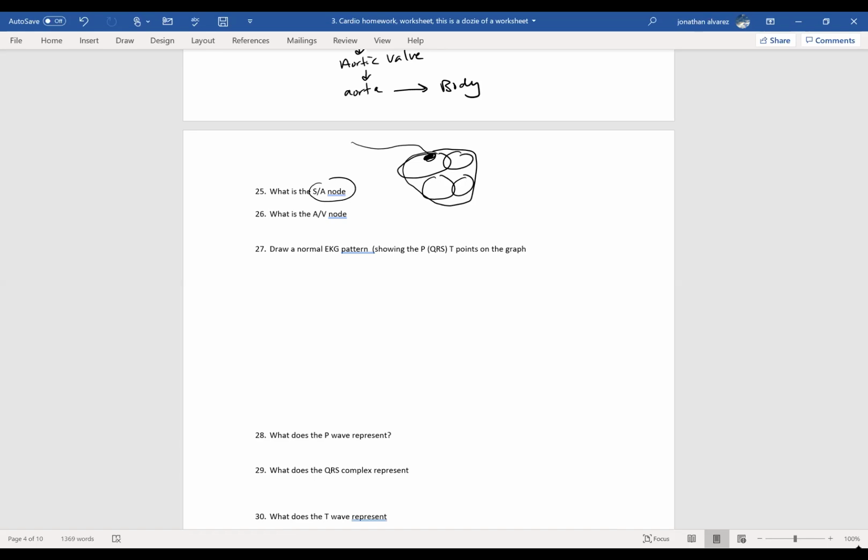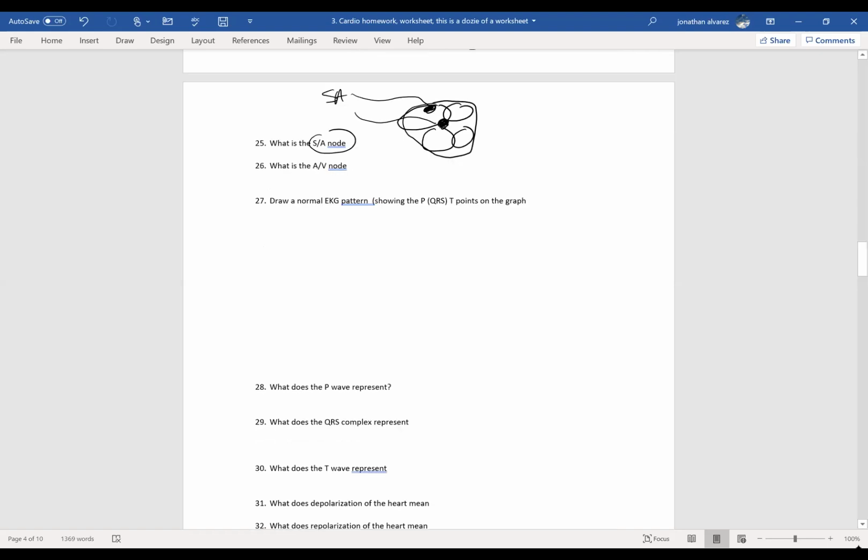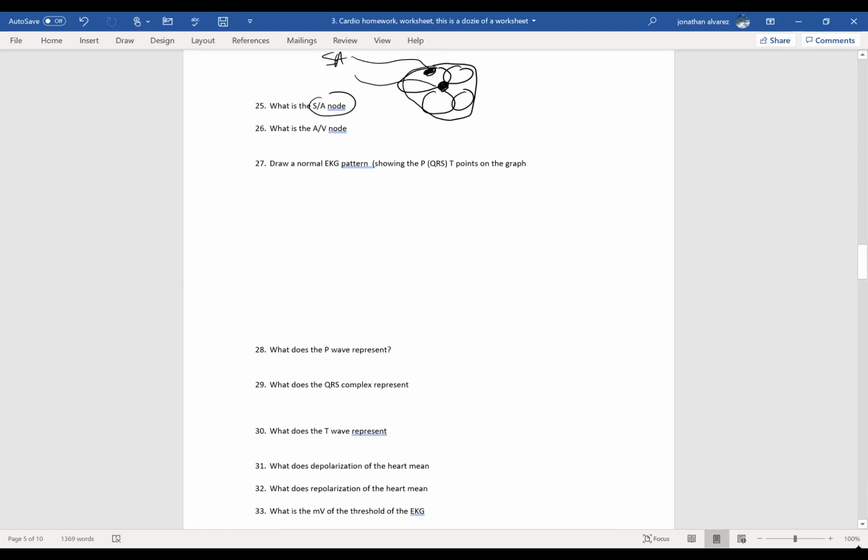That's the pacemaker of the heart. The SA node is the pacemaker of the heart. So the electrical signal comes in. The atrioventricular node is located about there. That's another nerve that comes in and gets acted upon to allow for electrical contraction of the heart.